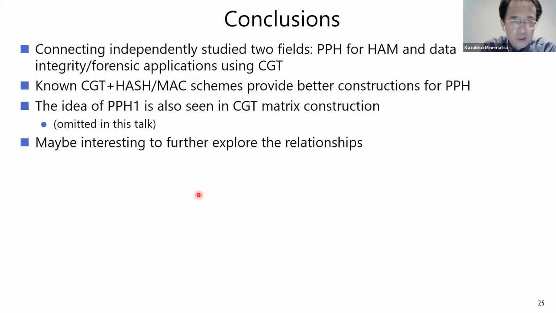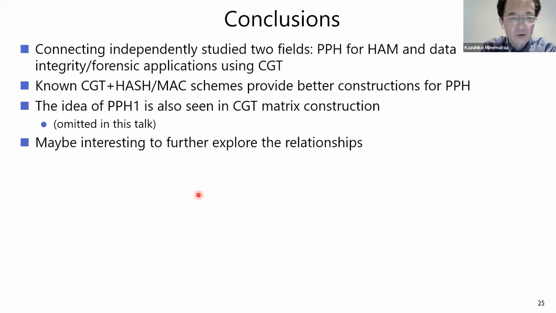So to conclude, this talk shows nothing new, but just shows a connection between two independently studied fields. The first is the PPH for Hamming predicate, and the second is data integrity or forensic application using CGT.